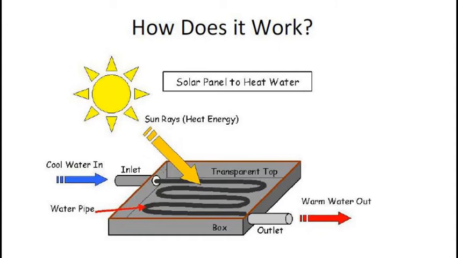Then this fluid passes through the heat exchanger in the storage tank. The fluid passes through these black pipes, which are called the heat exchanger, and it transfers the heat to this storage tank water.